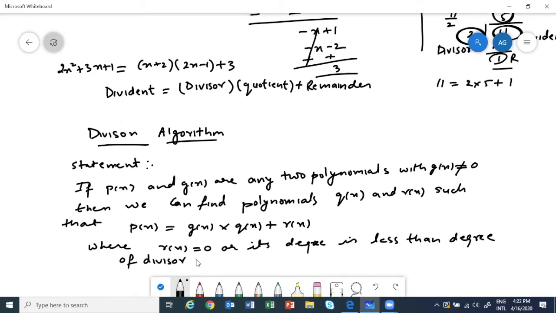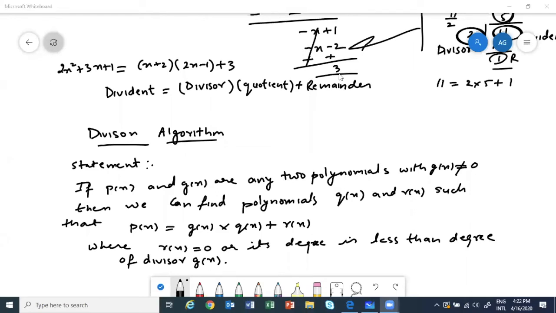What is the divisor here? g(x). You can write this. So this is a division algorithm.